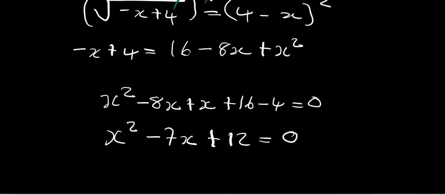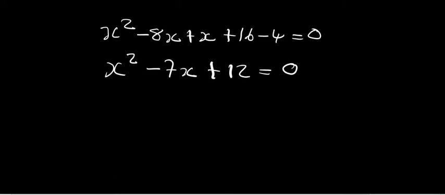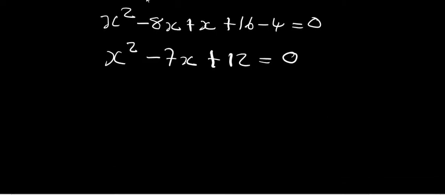So from here, guys, it's very possible for you to simply find the product, sum, and factor. So let's quickly look at the product, sum, and factor. The product here is 1 times 12, which is simply 12, and the sum is negative 7, and then the factors are 3 and 4. So to get that negative 7, this has to be negative and that has to be negative. When this is multiplied by that, it will surely give us 12.